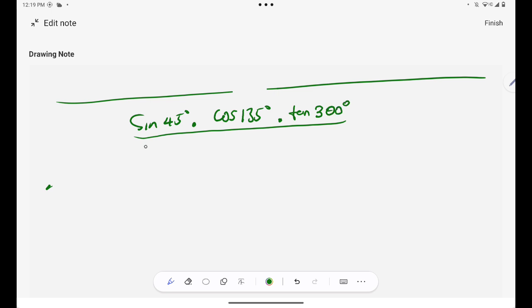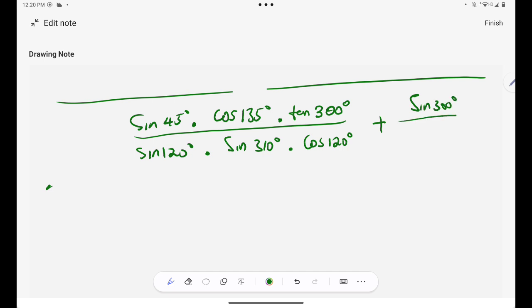Let's say at the bottom we have sine of 120 degrees multiplied by the cos of, multiplied by the sine of 310 degrees, all over the cos of 120 degrees plus sine 300 all over the cos of 330.